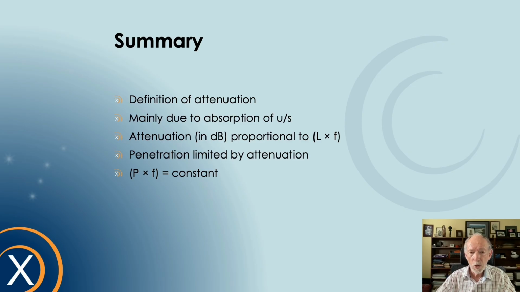So the resolution then is extremely good. Whereas in the abdomen, we're forced to use relatively low frequencies and therefore we get inferior resolution. So the resolution is intimately connected with the depth that we're imaging at. The more superficial, the better the resolution can be.